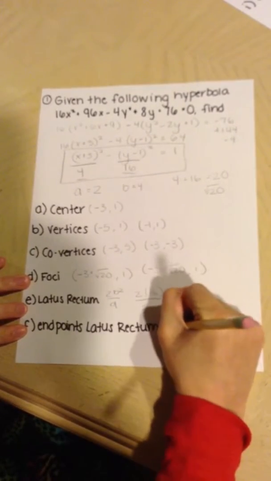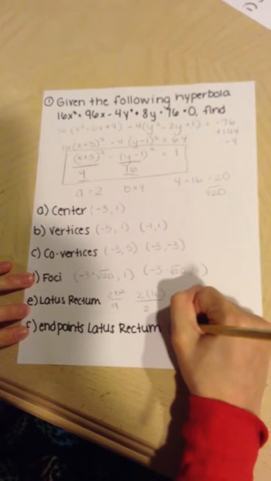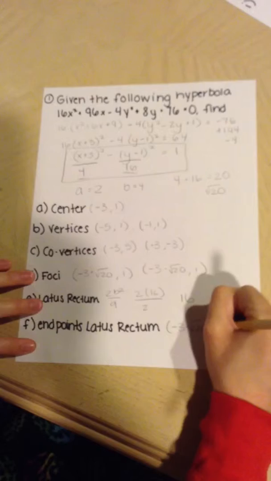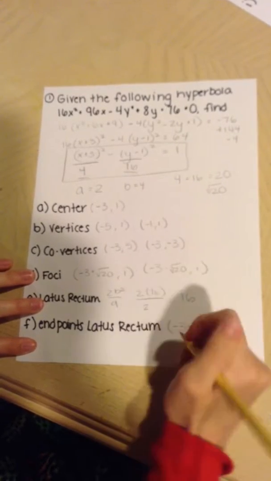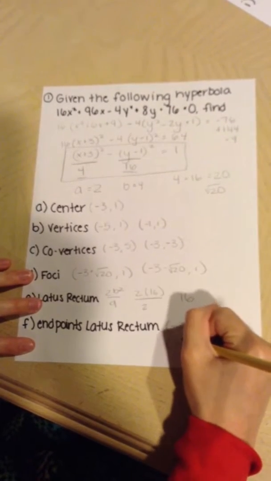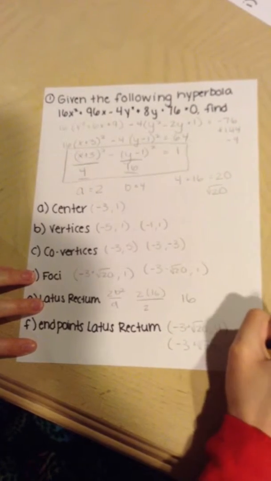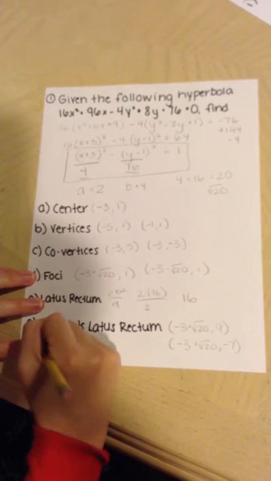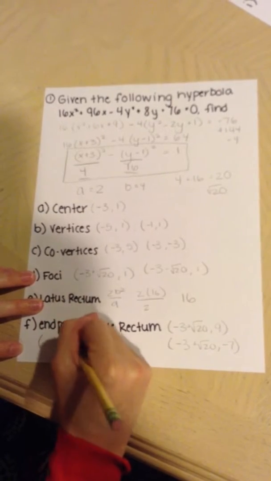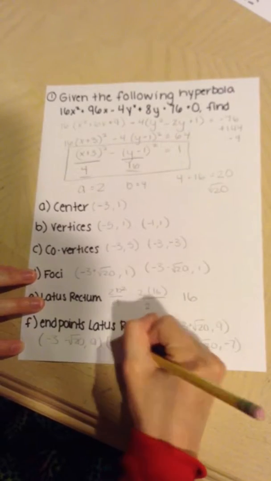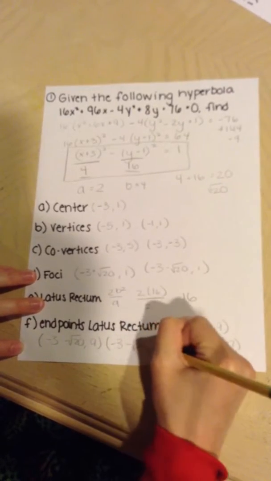So you take what you have from your foci, so it's negative 3 plus rad 20, comma 9, and negative 3 plus rad 20, comma negative 7, and negative 3 minus rad 20, comma 9, and negative 3 minus rad 20, comma negative 7.